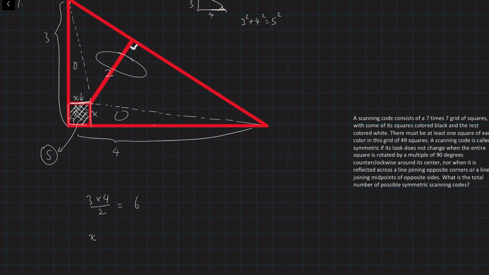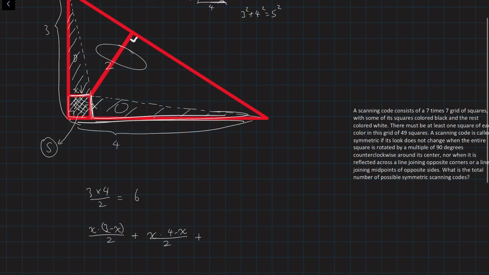We have x times 3 minus x divided by 2, which is this triangle here, plus this triangle here, x times 4 minus x divided by 2. 4 from here to here, 4 minus x is right here, and then x is right here.